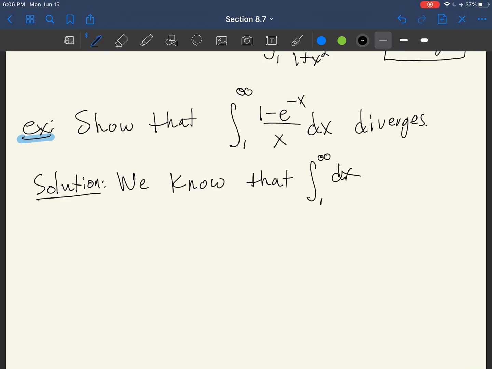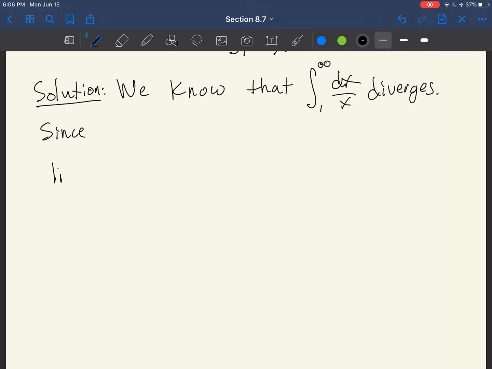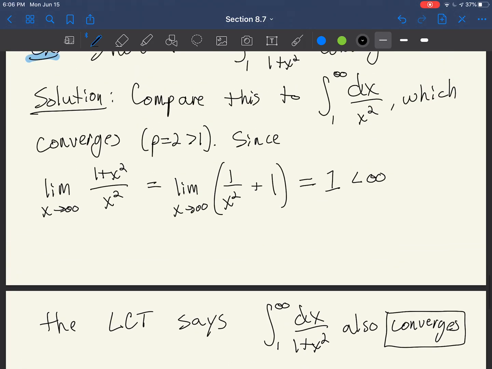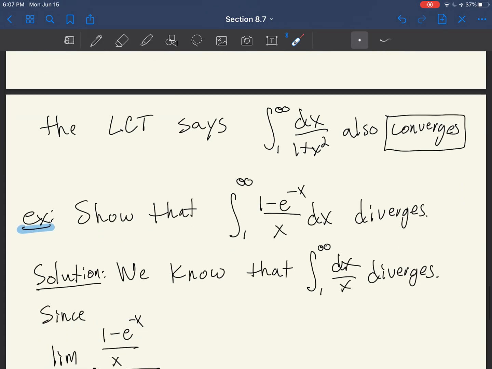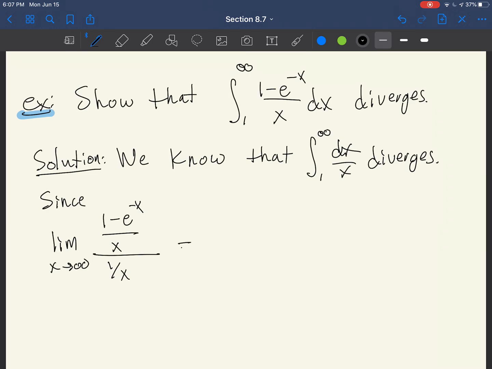We're going to compare it again to a 1 over x to the p integral, and we know that the integral from 1 to infinity of dx over x diverges because p equals 1. Then do your limit. The limit as x goes to infinity of 1 minus e to the negative x over x, divided by 1 over x. And notice that's what we did over here. The reciprocals are just going to cancel.